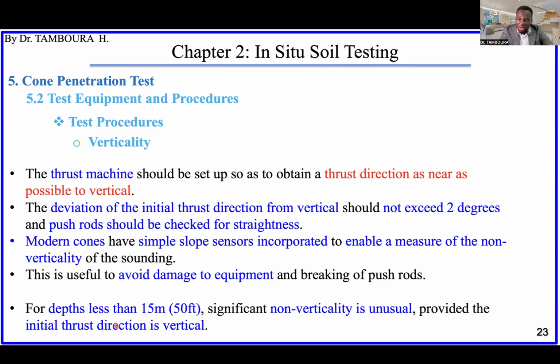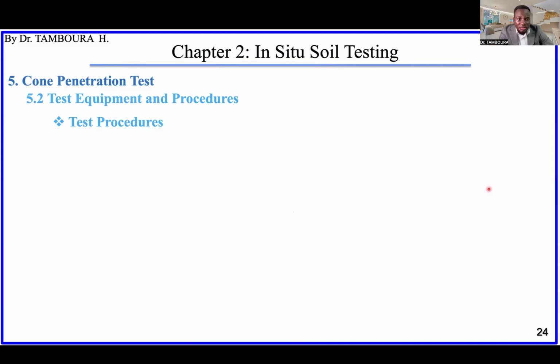If the initial pushing direction is not even vertical, it will be impossible to avoid non-verticality. So just remember that the test should be performed in a way that the cone is vertical, and the inclination should not exceed 2 degrees.